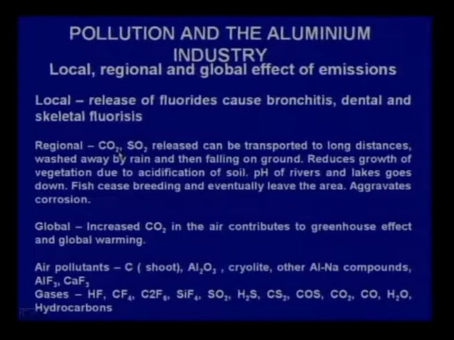These are acids. CO2, SO2 will form acid rain that will go to the ground. It will reduce growth of vegetation due to acidification of soil. The pH of rivers and lakes goes down, and then fish cease breeding and eventually leave the area.